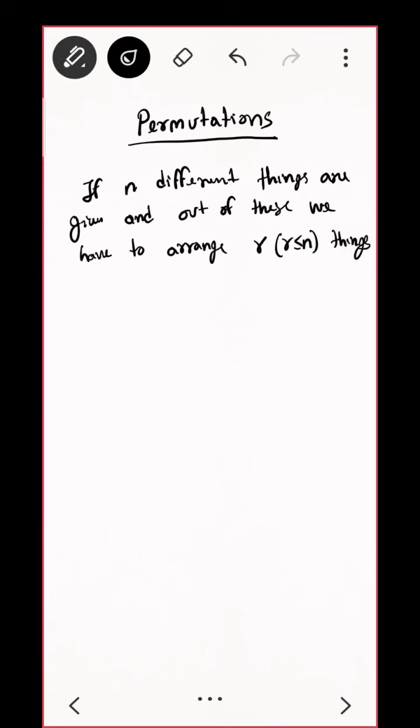You want to arrange r things in a row. Such an arrangement is called permutation.